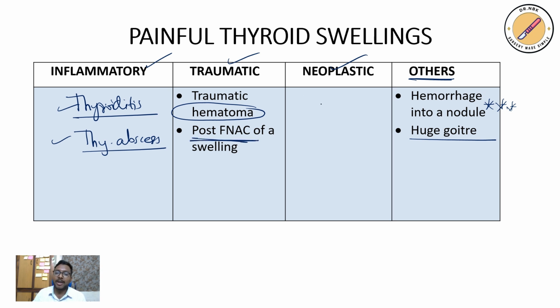Coming to neoplastic, usually it is painless. But in case of anaplastic carcinoma, or any malignancy with nerve infiltration, you can have pain. So these are the common scenarios where you can have a painful goiter.